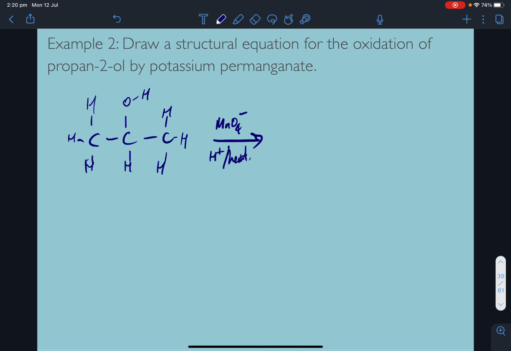It's a secondary alcohol. That host carbon there is joined to two others, so it's a secondary. So it's going to form a ketone. Same backbone, but now we have a ketone. Fill in your hydrogens. So the propan-2-ol is going to form propanone.